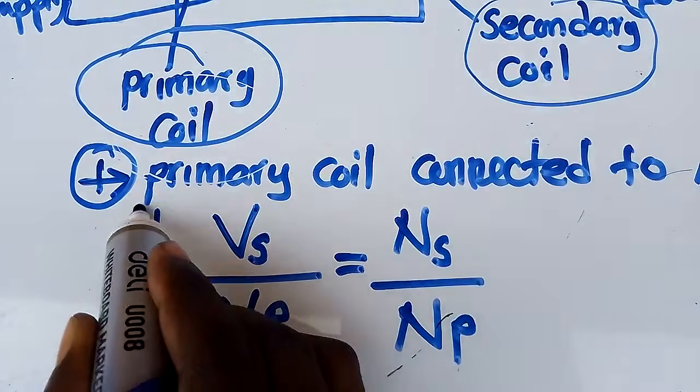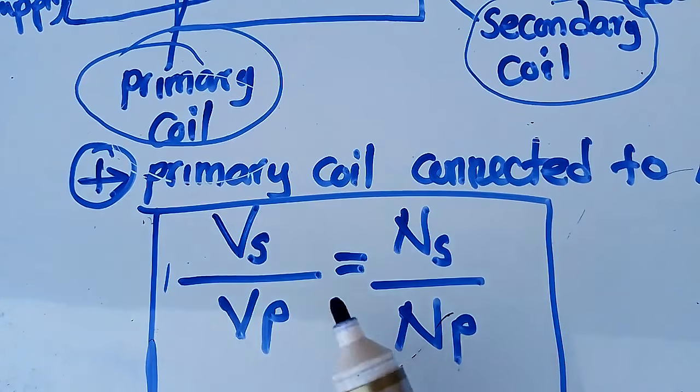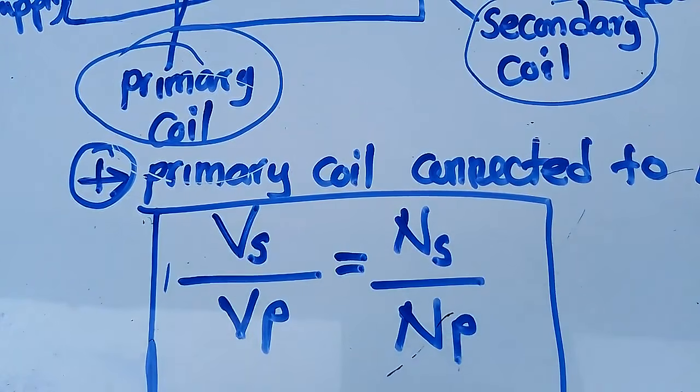This is the general formula that we use. When you are given the number of turns and voltage, and you are asked to find either the voltage in the primary or the number of turns, this is the formula that you need to know.